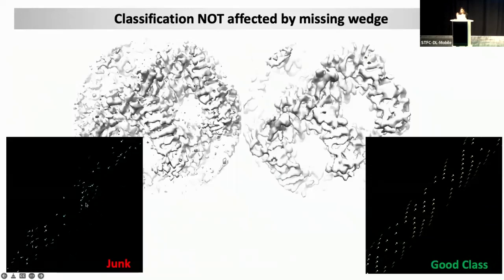These are just totally misaligned noise particles, whereas this class here is made up of well-aligned particles. And in this case, we're lucky because our particles follow a lattice, so we can really assess which class is made up of good particles and which class is made of bad particles. But there's essentially no missing wedge bias in the classification here, which is quite exciting for us.